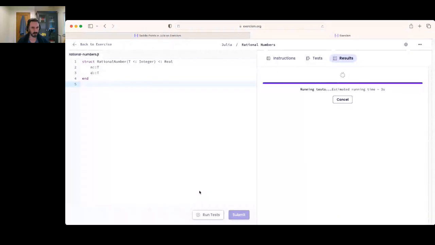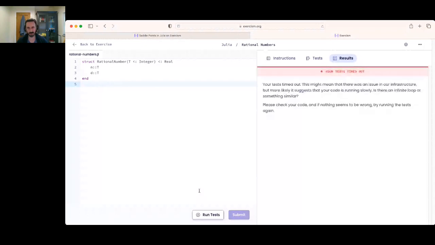So we need to create a function for creating these rational numbers. That constructor is going to have to deal with the fact that if there's a 0 in the denominator, it's got to throw an error. Yeah, it's timed out because I haven't done anything.